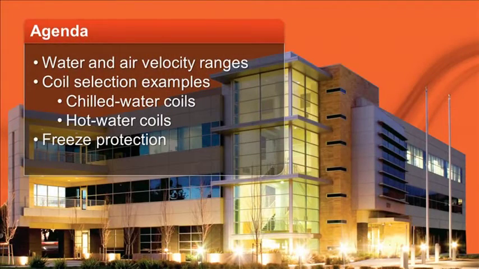All of these options help project teams select the optimal coil design for a given project. On today's program, we'll start by discussing the impact of water and air velocity on coil performance and recommended ranges for both. Then we'll walk through some example selections of both chilled water and hot water coils, and finally wrap up with a brief discussion on coil freeze protection.